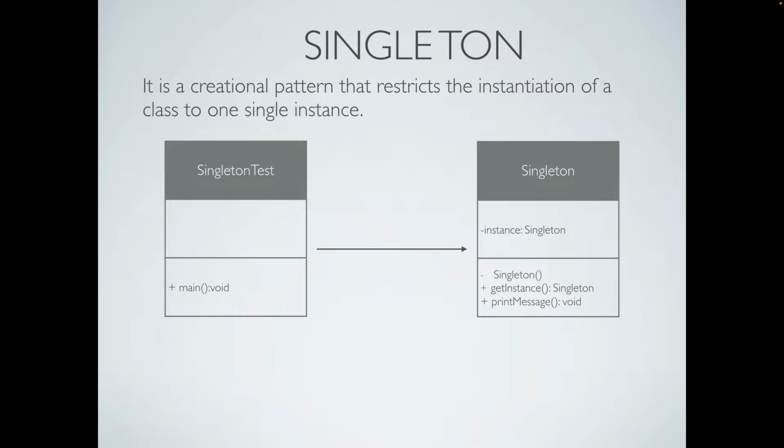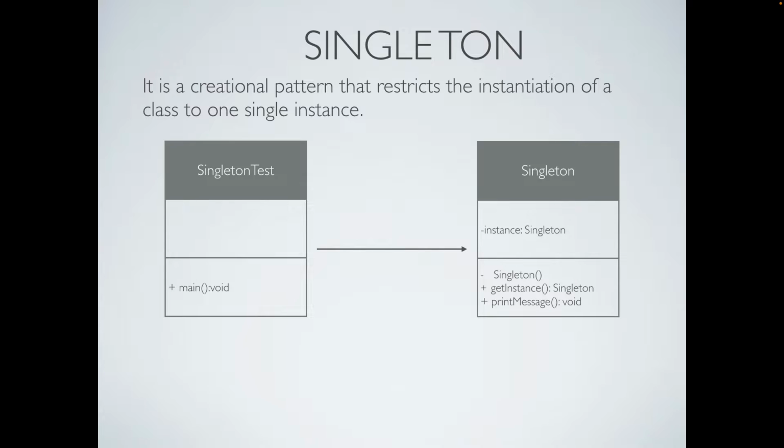Let's see an example. Let's take two classes, one singleton test and the other one is a singleton. In singleton test, it would be a main method calling the singleton class and instantiating that. In singleton class, we will have an instance variable which will have the singleton object, and we will have a constructor called singleton and a method called getInstance, which is a static method which could be invoked using the class itself.